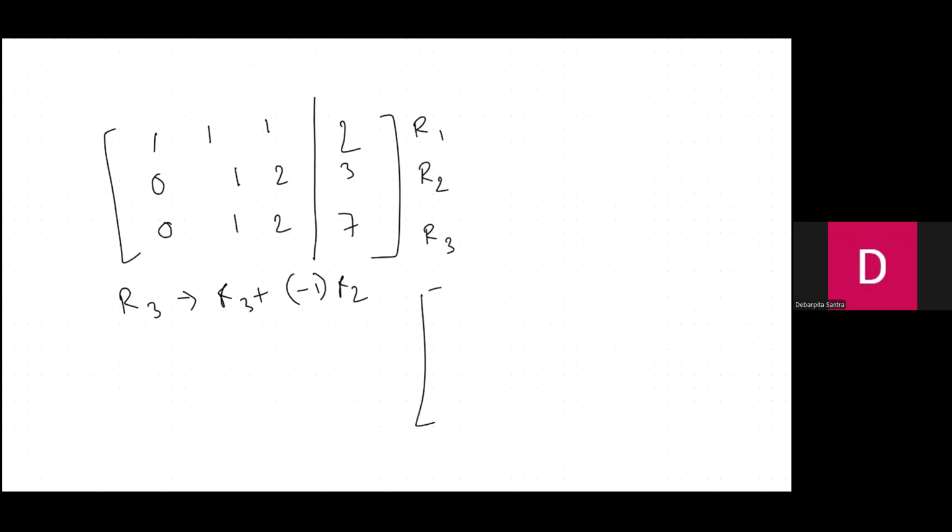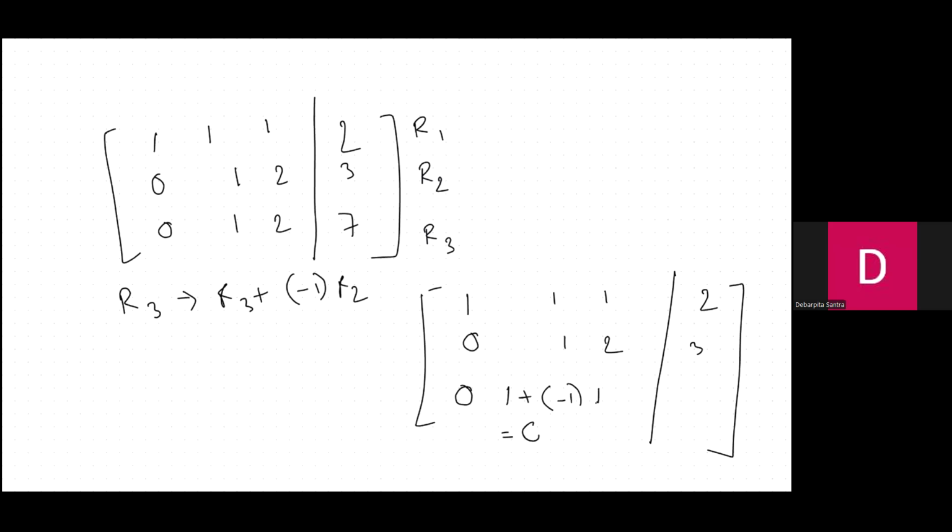1, 1, 1, 2. The first row remains unchanged. 0, 1, 2, 3. The second row remains unchanged. The third row, R3 is equal to R3 plus minus 1 into R2. So 0 plus minus 1 into 0. So it becomes 0. Then 1 plus minus 1 into 1, so it becomes 0. Then 2 plus minus 1 into 2, so it also becomes 0.